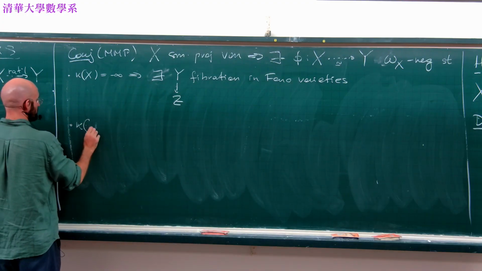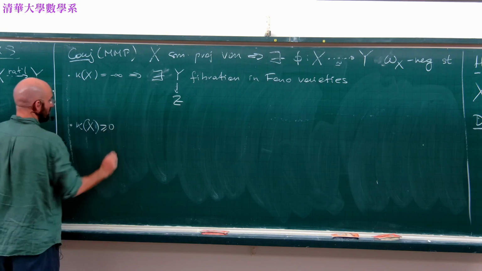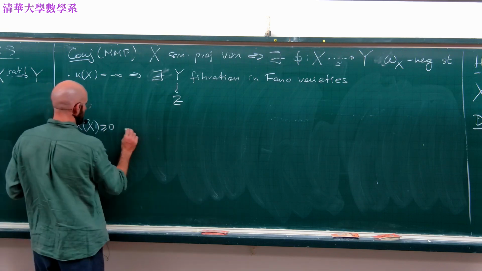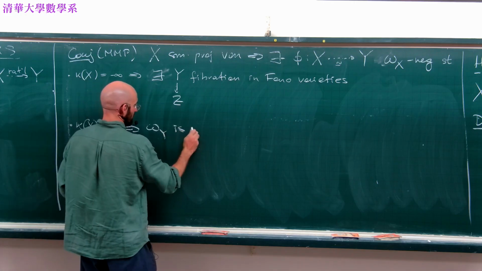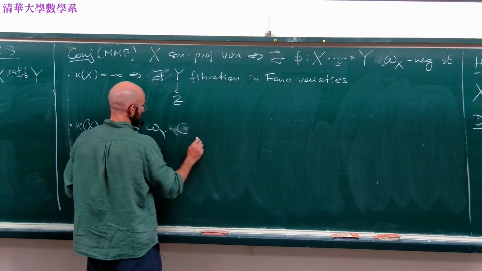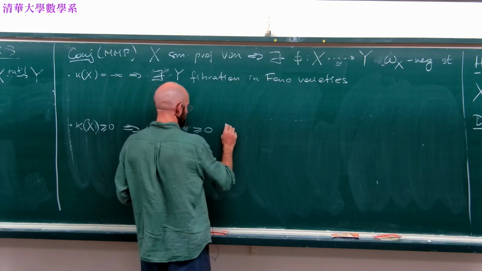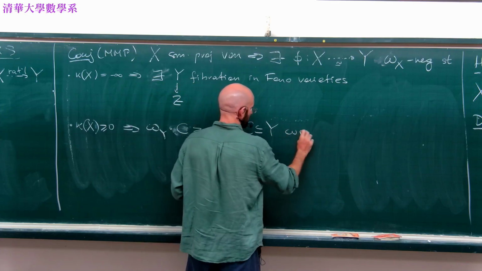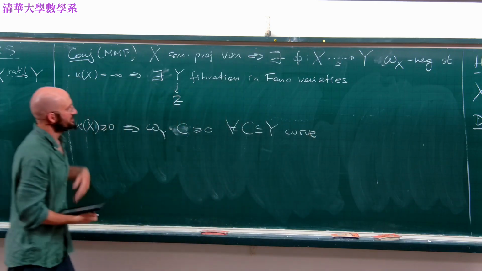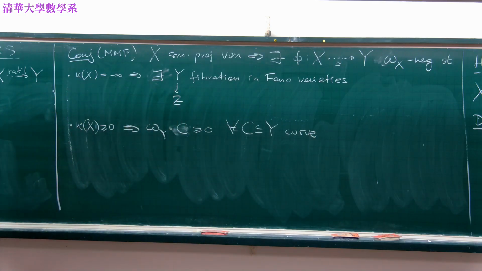And when the Kodaira dimension of x is non-negative, then omega y times any curve is non-negative for every curve in y. So this is a conjecture, but it is known in many cases.